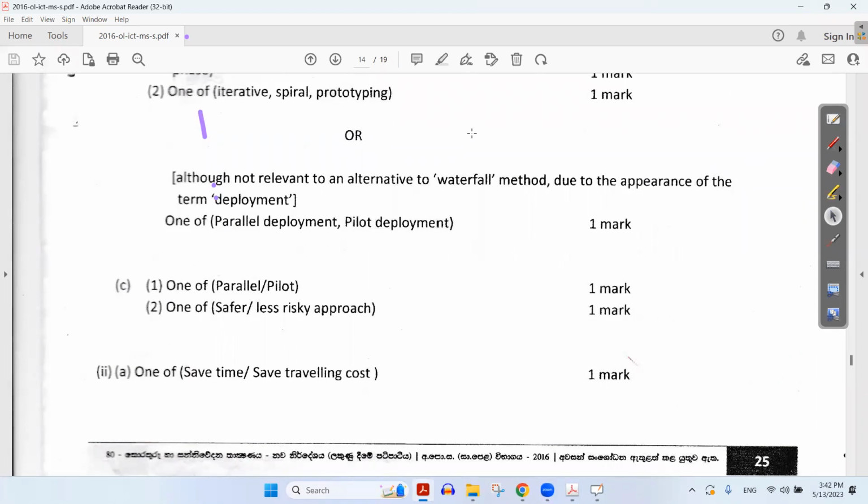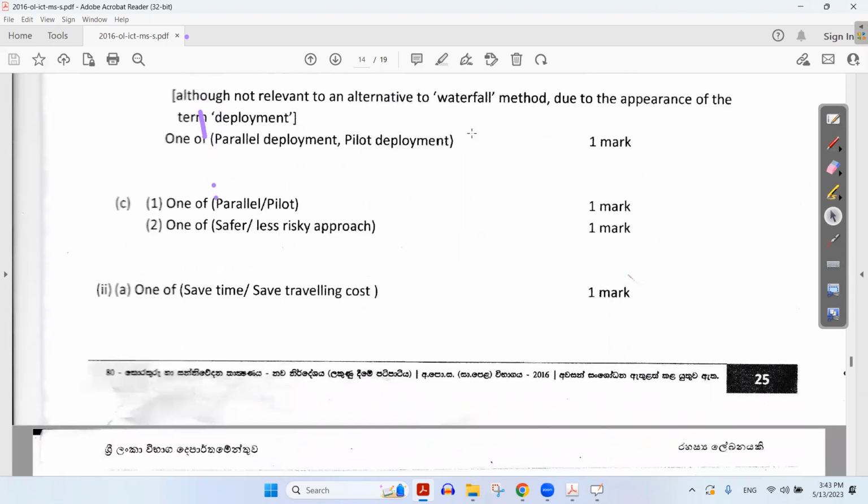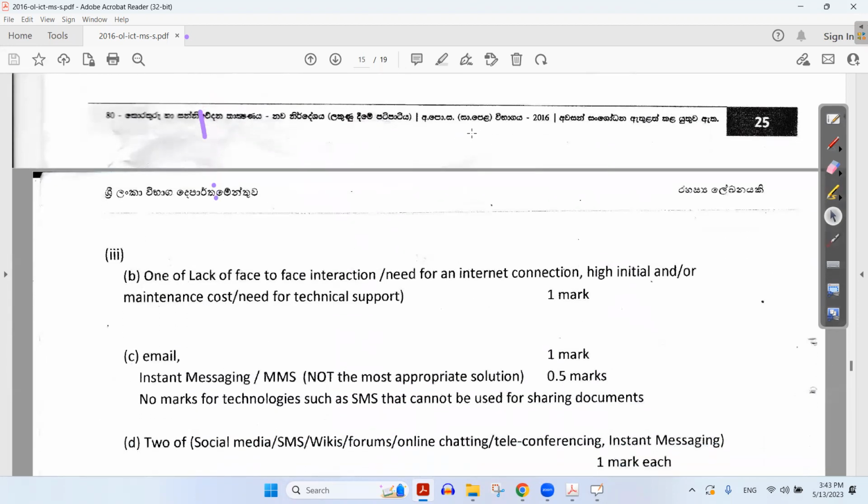And for part B, they have said one of the safer or less risky approaches. You can go with that as well. Yes, third one. The answer is save time, save travelling cost, likewise.